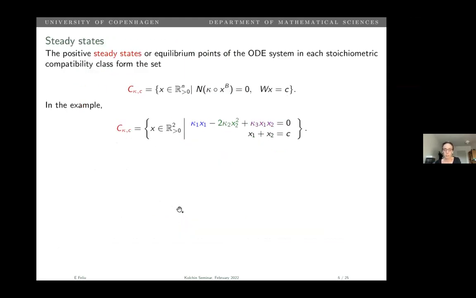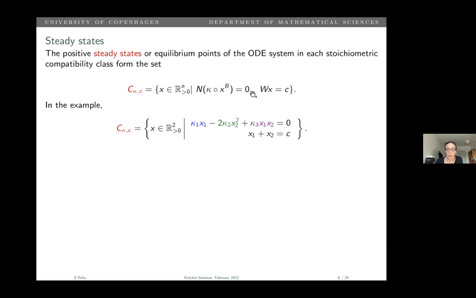And for today, I will look at the steady states, that is the points where x dot is 0. And that means that this polynomial system here, this polynomial needs to be 0, and the equations that constrain the trajectories need to be satisfied.